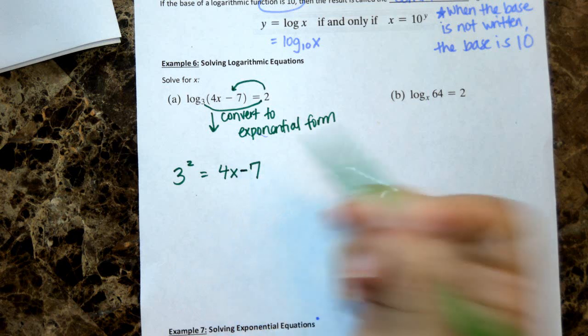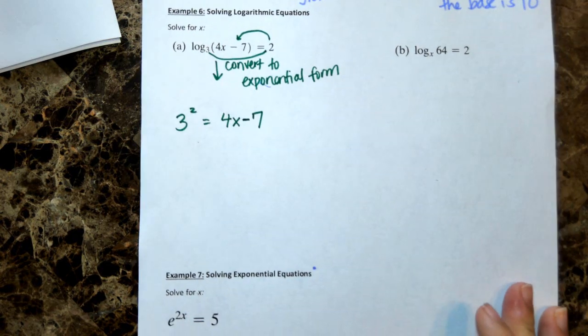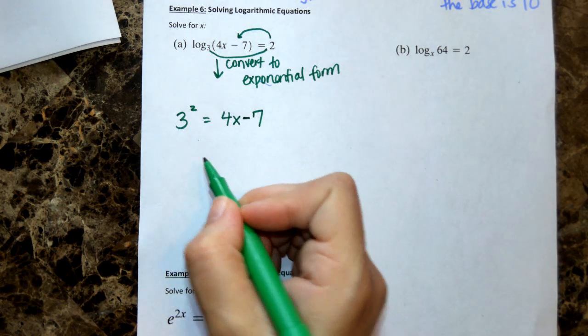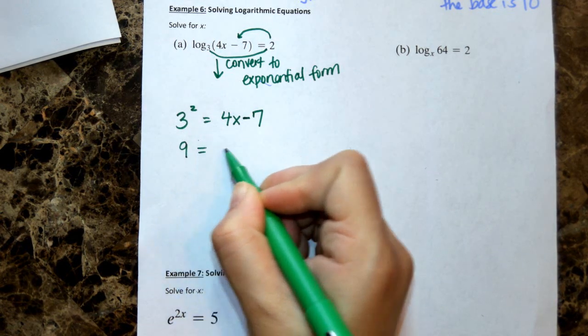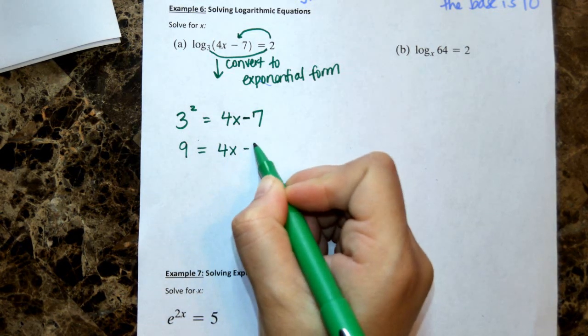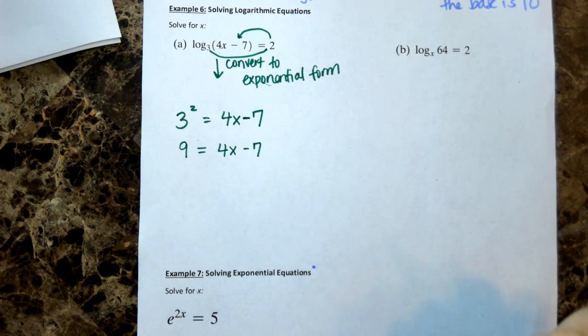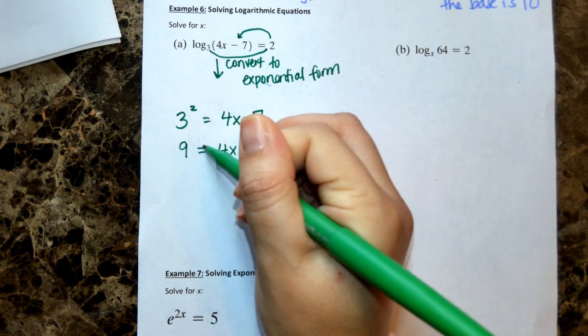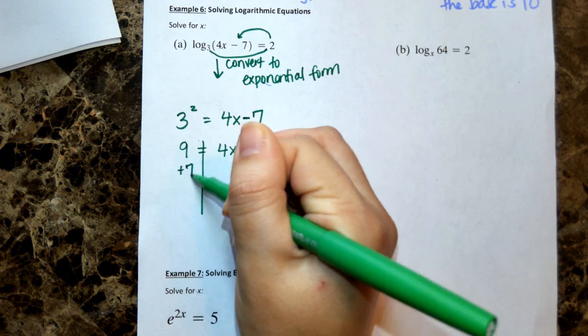Now this one's a little easier to work with. We know how to do stuff like this. We can just solve it. 3 squared, that's just 3 times 3, that's 9, equals 4x minus 7. And then you're just solving for x. This is just a linear equation. So I'm going to go ahead and start by adding 7 to both sides because I'm trying to solve for x.